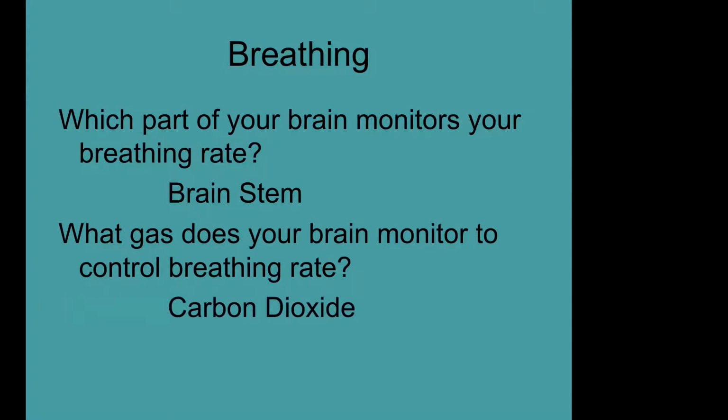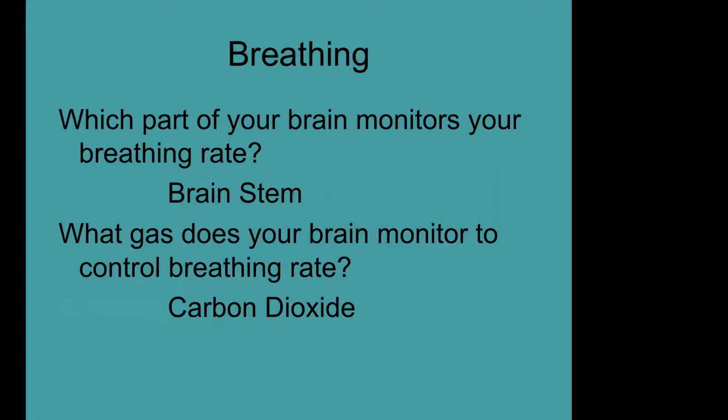There's a certain amount, homeostasis for carbon dioxide, that's acceptable. As carbon dioxide builds in your blood, the brain stem is monitoring this, and when carbon dioxide gets too high, you're going to breathe that carbon dioxide out, and then the levels drop back down to homeostasis, and you breathe in oxygen in the process. Every single time your carbon dioxide levels go up, you have to breathe it out, and that's why your brain stem is telling you to breathe.